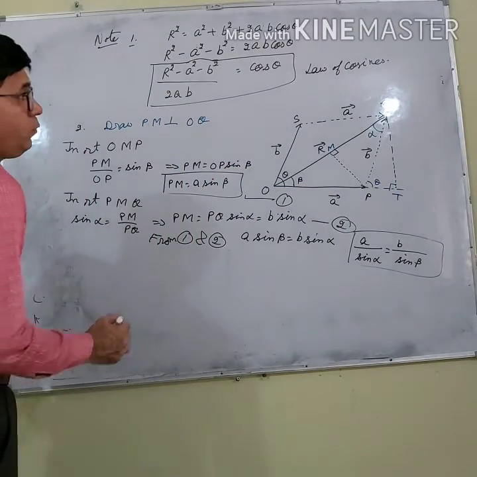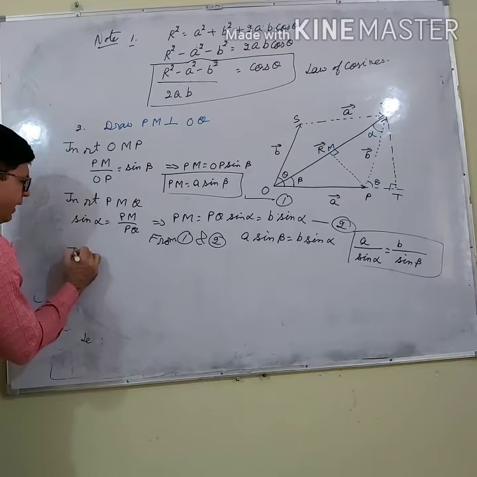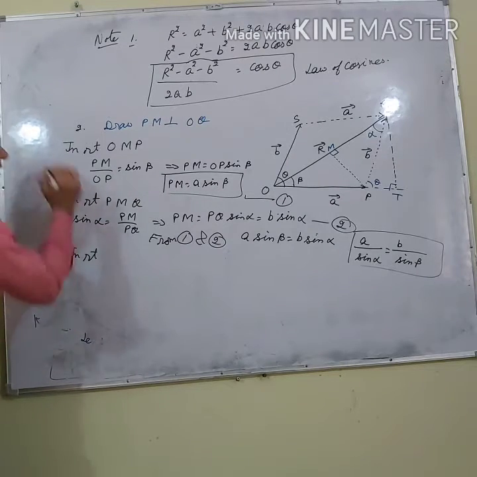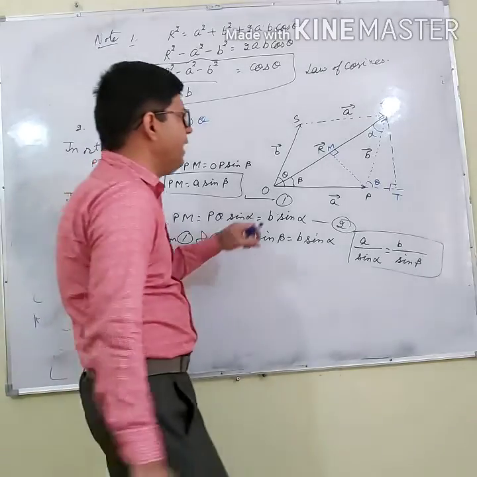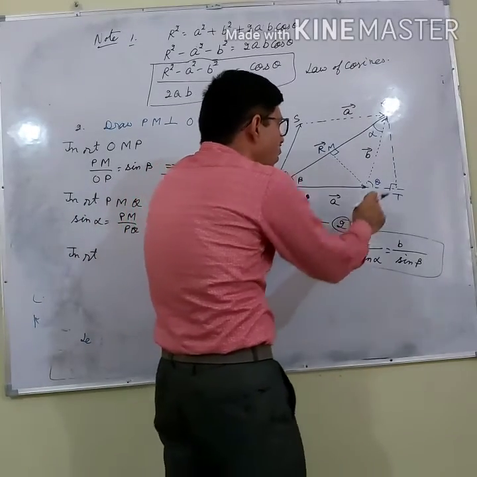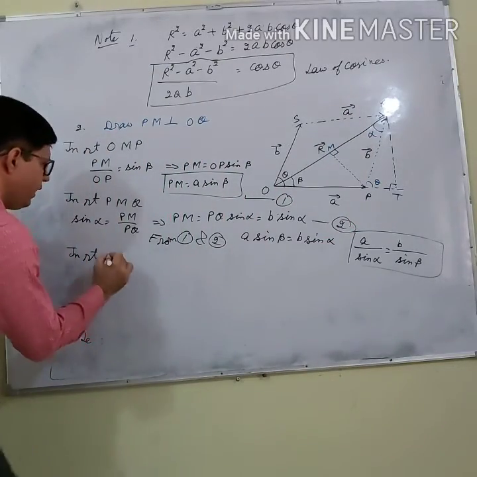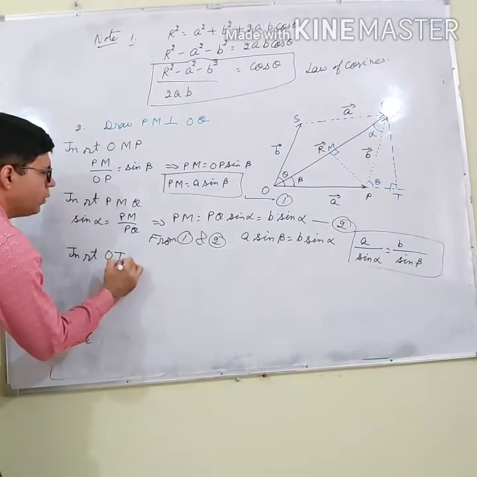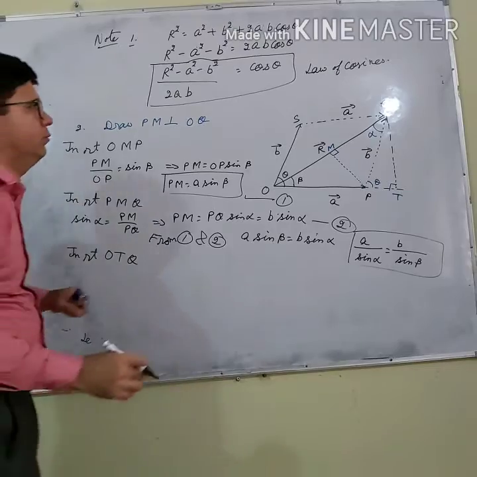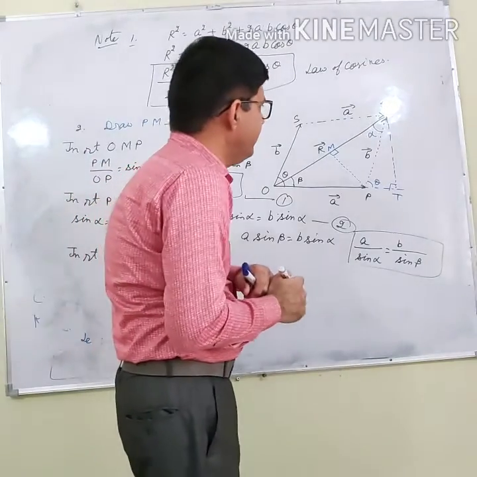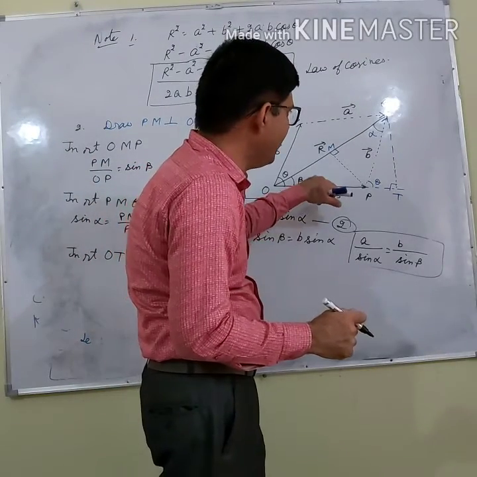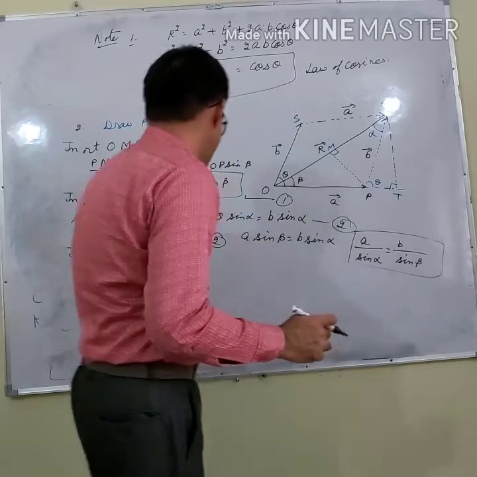Now which right triangle will I take? OTQ. In right triangle OTQ, what is sine beta?